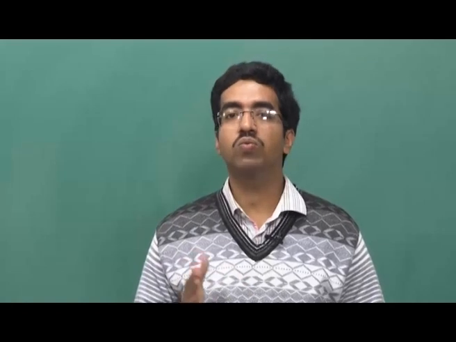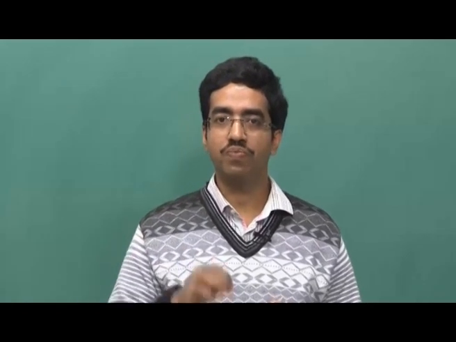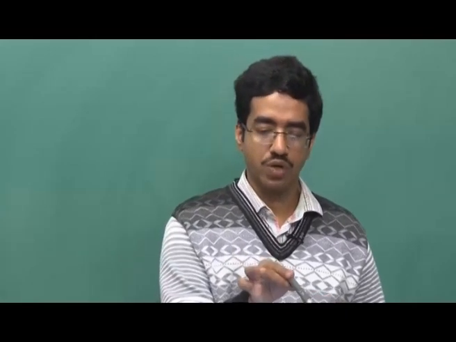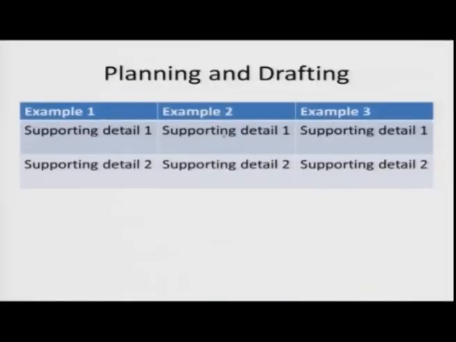Sometimes you may want to use more than one example. In that case, you will have this kind of organization. First you state your point, then you use multiple examples. Paragraph 1 will include information about example 1, under that the details, then example 2, example 3 and so on. Thank you.